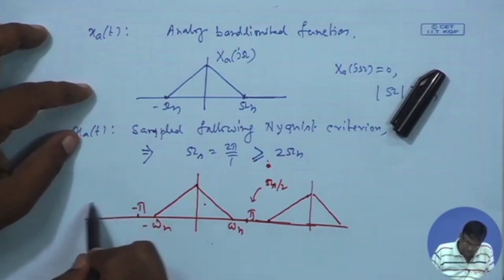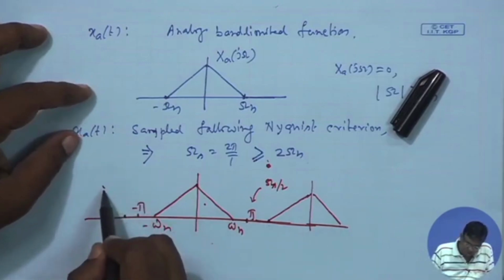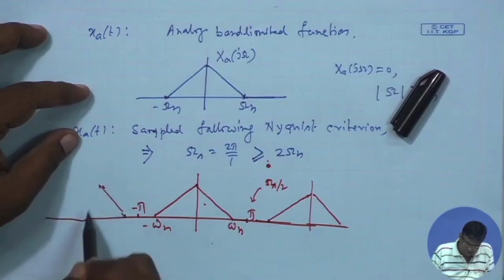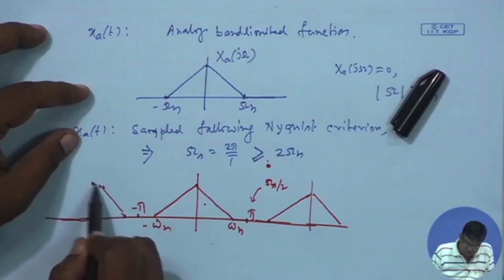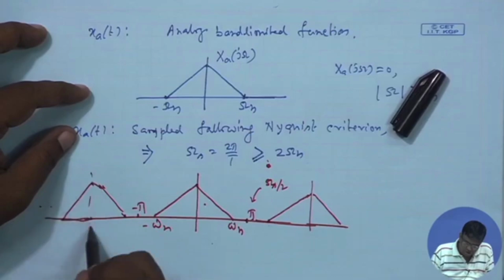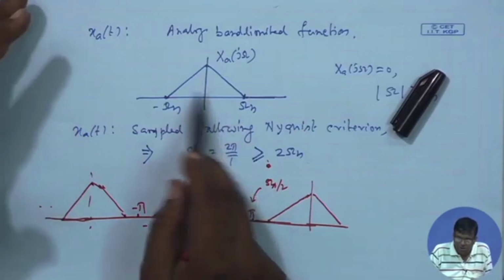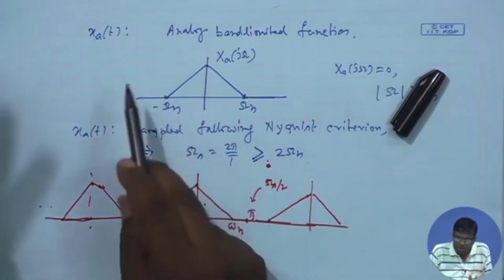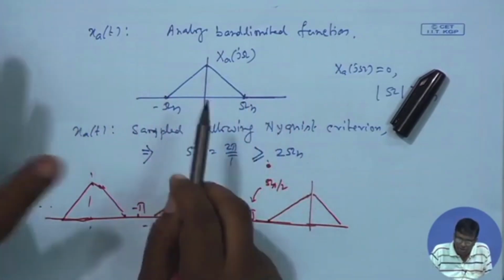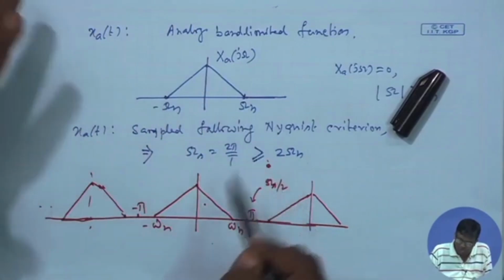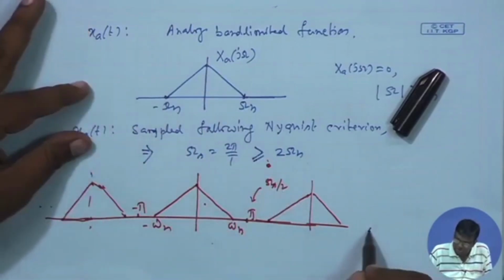Here also dot dot dot. No aliasing. So, this shape retains the original shape, that is x a t, band limited analog, sampled following the Nyquist rate. So, the DTFT is like this.